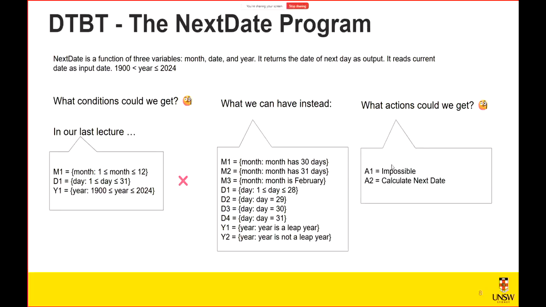The first one is impossible, because if a month has 30 days and it is February and it falls into D1, then it's contradictory, right? So it's impossible. And the second one is the program just accepts the input and tries to calculate the next date. So these are the 2 actions we can get.